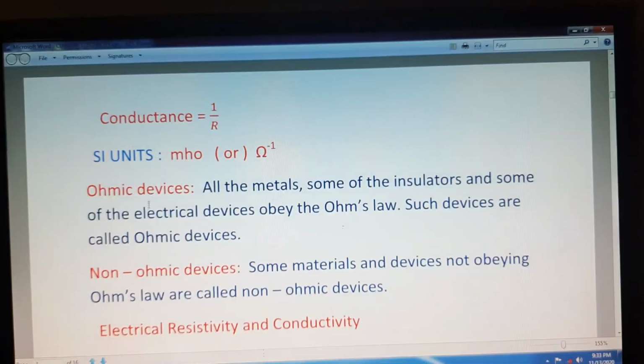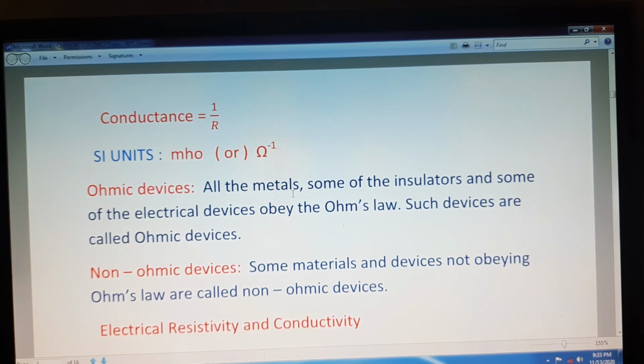The devices can be classified based on Ohm's law. The first one is ohmic devices, and the second one is non-ohmic devices. What are ohmic devices? All metals, some insulators and some electrical devices obey Ohm's law. Those materials and devices are called ohmic devices.